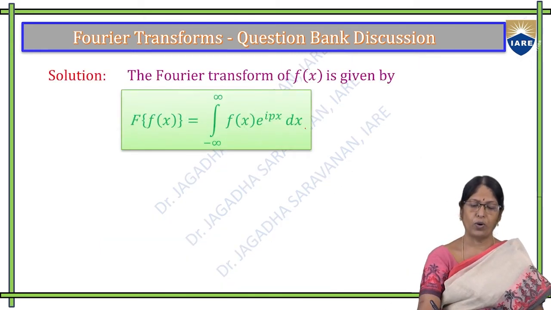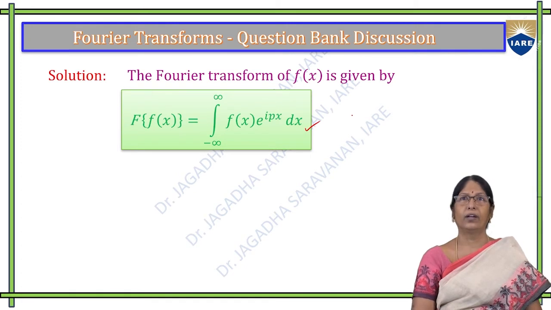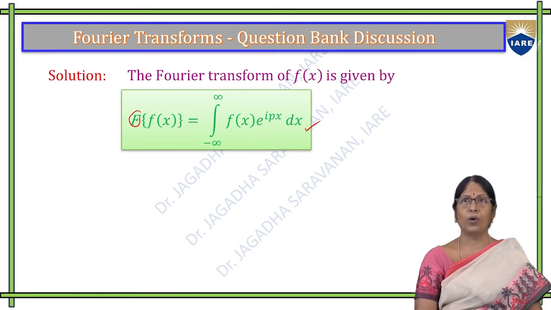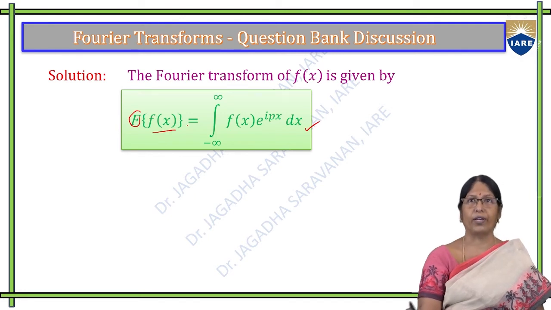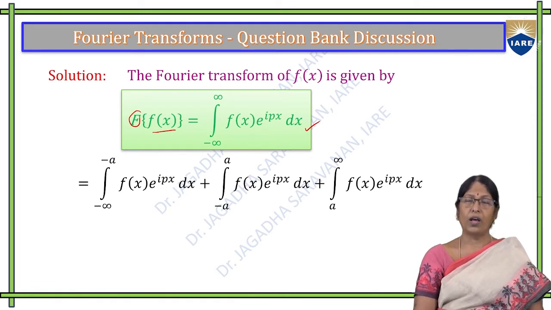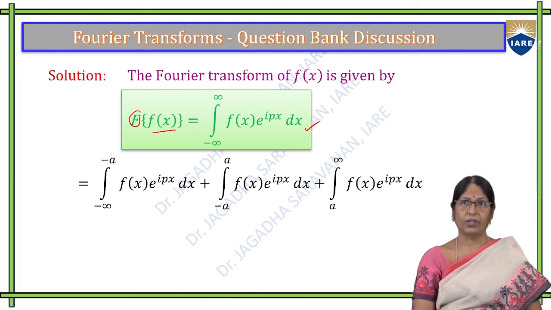So we recall the formula: capital F, which denotes the Fourier transform of the function f of x, is equal to the integral from minus infinity to infinity of f of x e power ipx dx. Now, what is the condition given in our question?